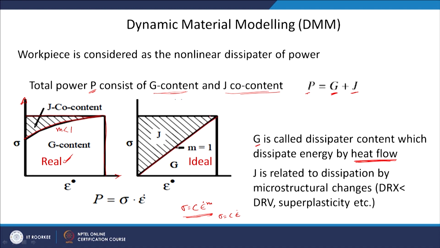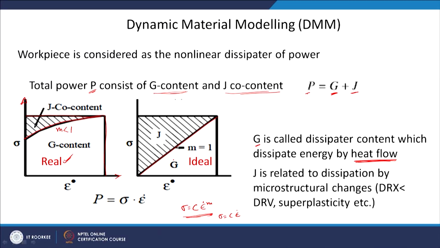That means it divides this rectangle into two equal parts. So, J and G are equally divided. Equal power is going into microstructural changes and equal power is going into heat generation. And this is the maximum you can reach. You cannot go beyond m equal to 1. That is the maximum strain rate sensitivity I can reach, 1. So, this is the maximum you can achieve.